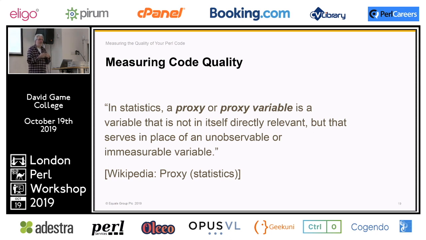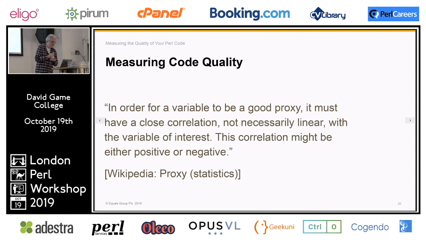So we've already established, or I've told you, that the quality of your Perl code is not measurable, so we need to find a proxy, or more than one proxy value that can stand in place of the quality of your code.